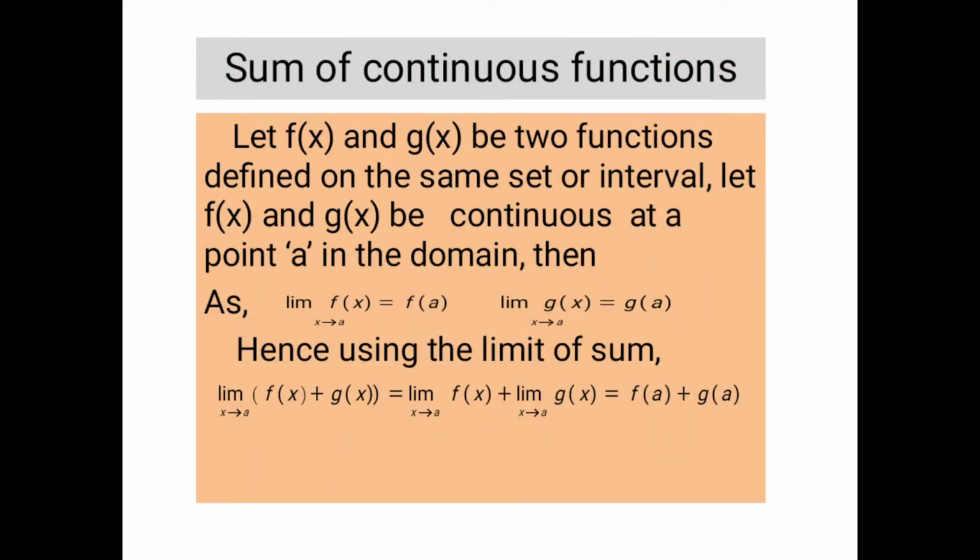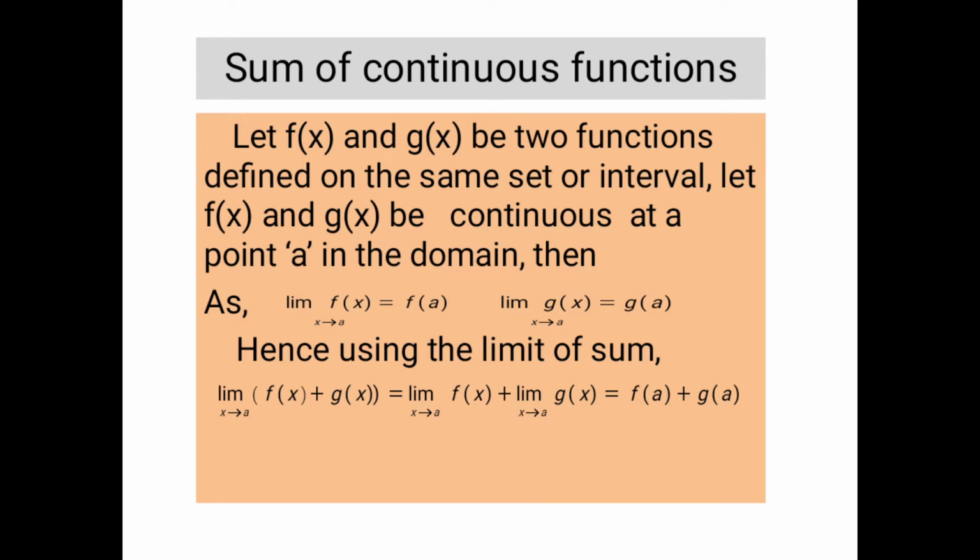So let f(x) and g(x) be two functions continuous at a point a in the domain. As usual, we note that the limit as x tends to a of f(x) is equal to f(a), and the limit of g(x) as x tends to a is equal to g(a), because both f(x) and g(x) are continuous at the point a.